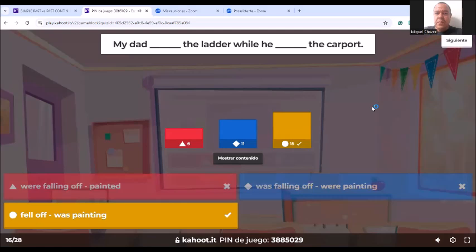My dad fell off the ladder while he was painting the carport is the correct answer.